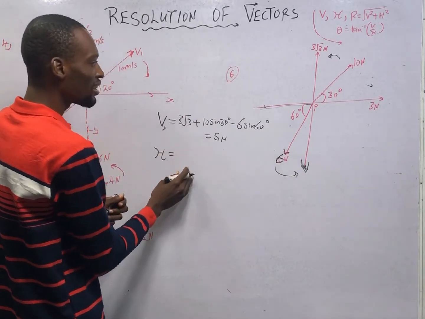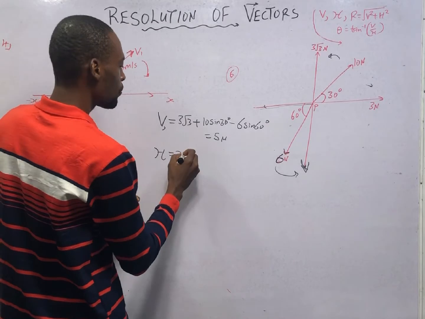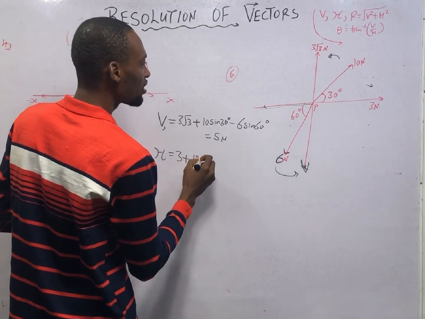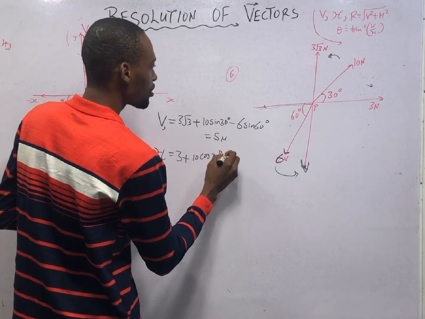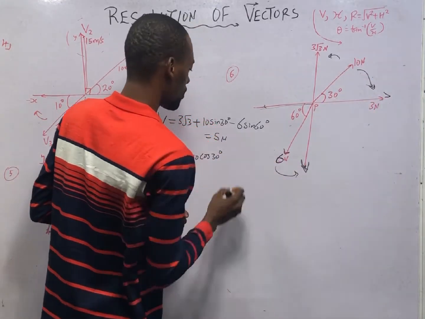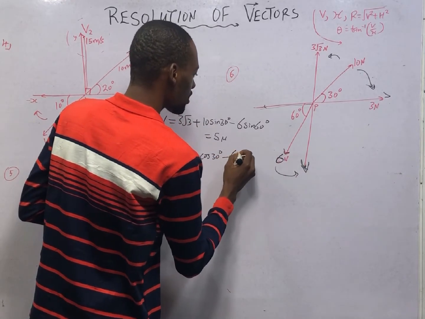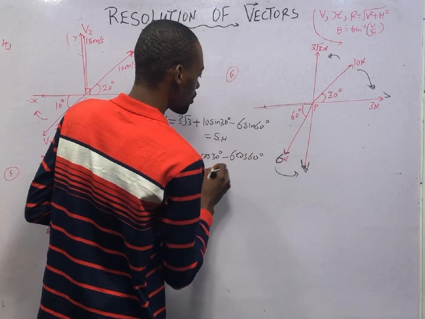For the horizontal, we already have 3 here. 3 plus 10 cos 30 degrees. This is acting here. Resolving here, it will still act in this direction. Minus 6 cos 60 degrees.